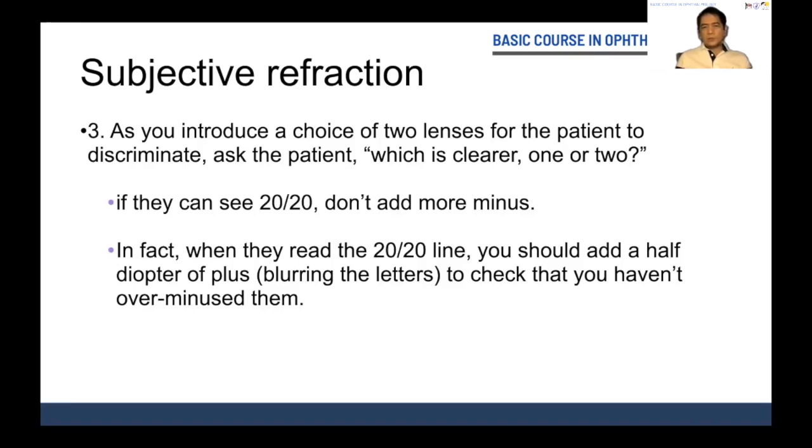As you introduce a choice of two lenses for the patient to discriminate, ask the patient which is clearer, one or two. This is why it is called subjective refraction. You need the patient's response as you add different amounts of lenses. You just have to ask the patient which lens is clearer or better.